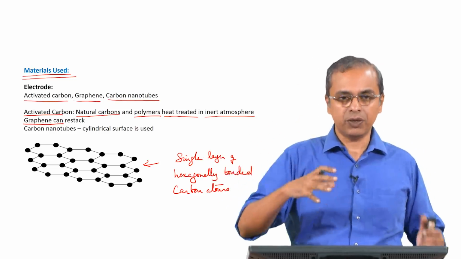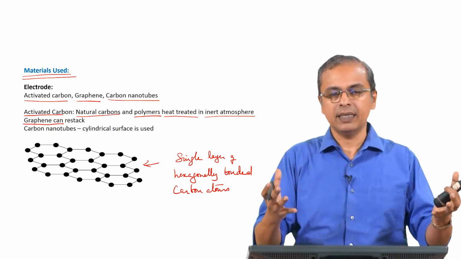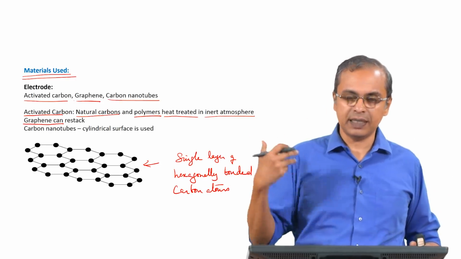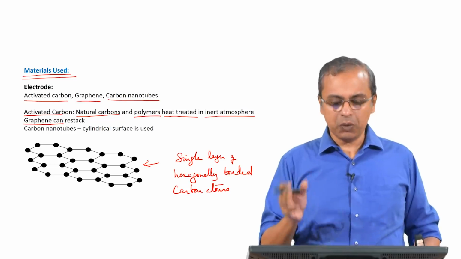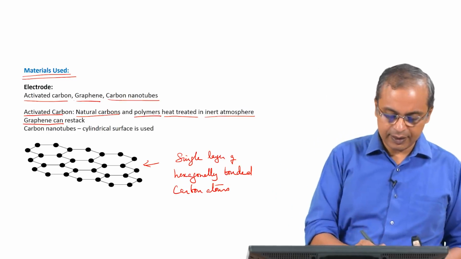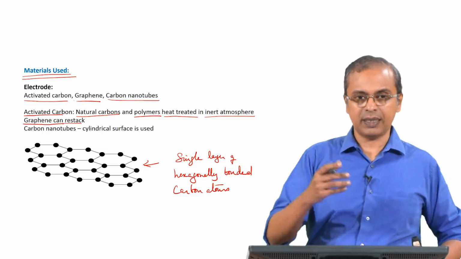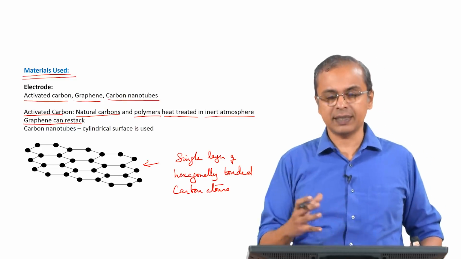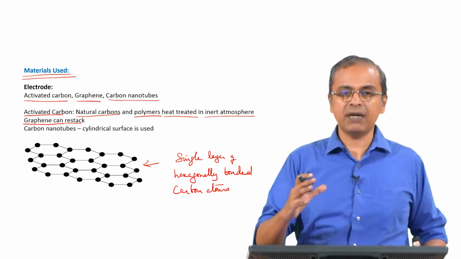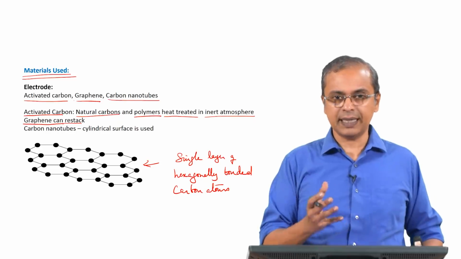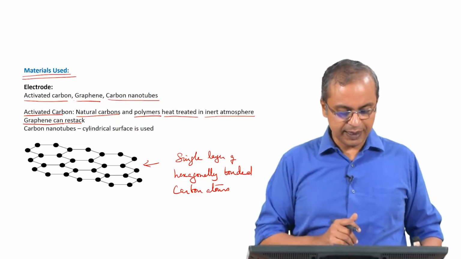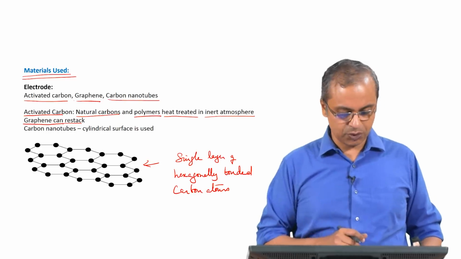So, if you put a lot of graphene particles together, you have very high surface area with which the electrolyte can interact. But the only issue is that graphite is actually a much more stable kind of structure. So, if you give it enough chance, the graphene will realign, restack and start forming graphite. So, you have to keep that in mind. You have to do something to stabilize it, so to speak.